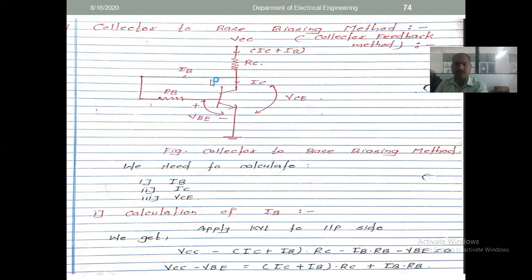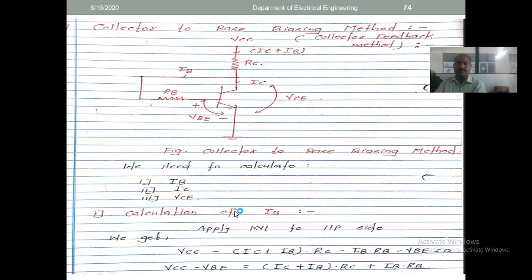During this, the current flowing through the collector is not only the collector current. Because there is feedback from the collector to the base, the current through this collector is the collector current added with the base current. So the current flowing here is IC plus IB. This is only due to the feedback from the collector to the base. That is the reason behind it.